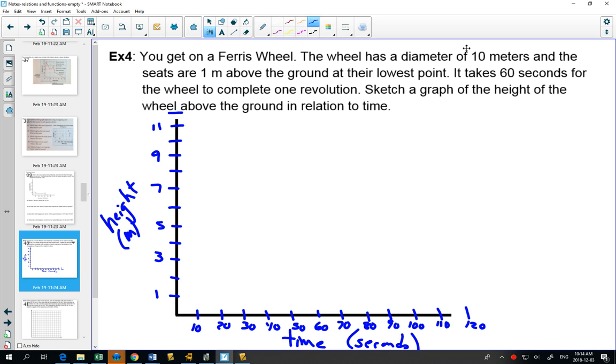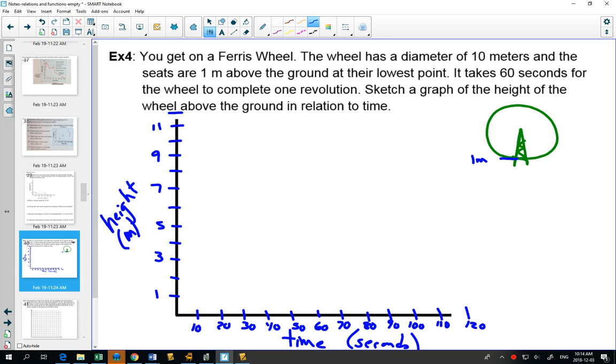We can draw. Sometimes it's helpful even to draw a picture off to the side of the situation. So here is my Ferris wheel, it starts 1 meter above the ground. It's good for a Ferris wheel not to start right on the ground, because then your legs go into the ground every time you come around, and I don't think that would be very comfortable.